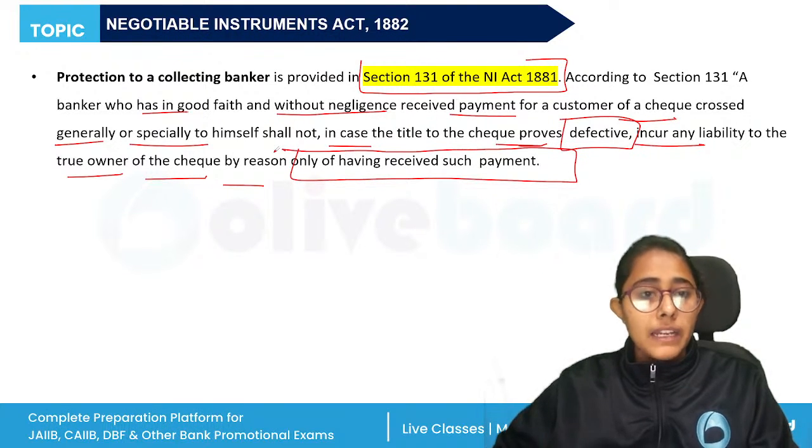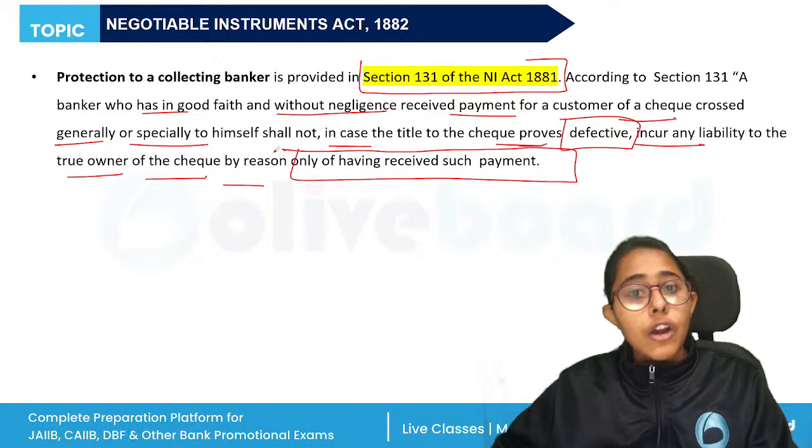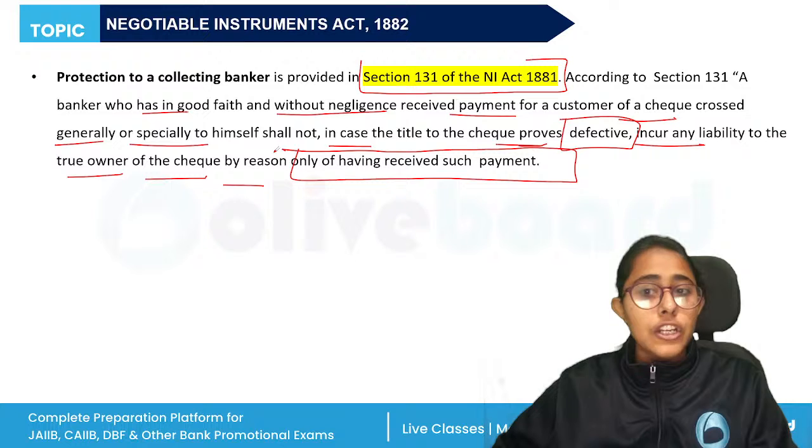So if a banker has made the payment in good faith and without any negligence, then they shall not incur any liability if later on the check is found to be fraudulent, right?